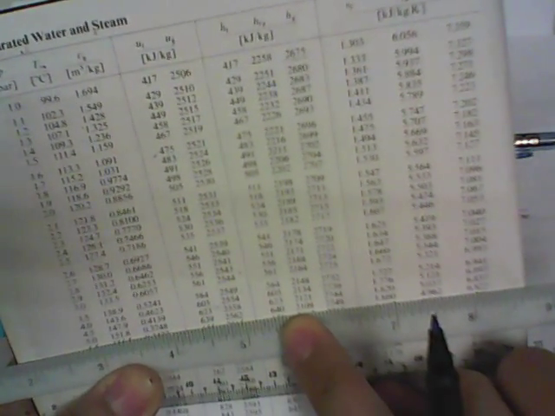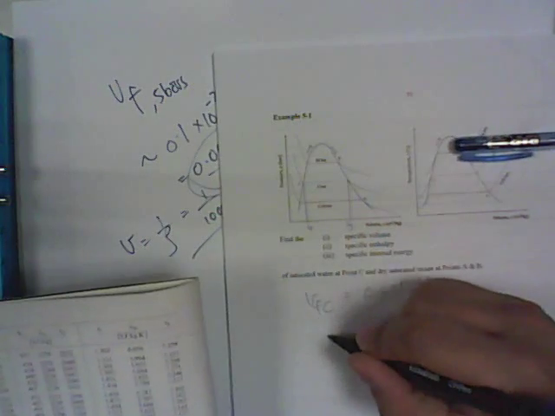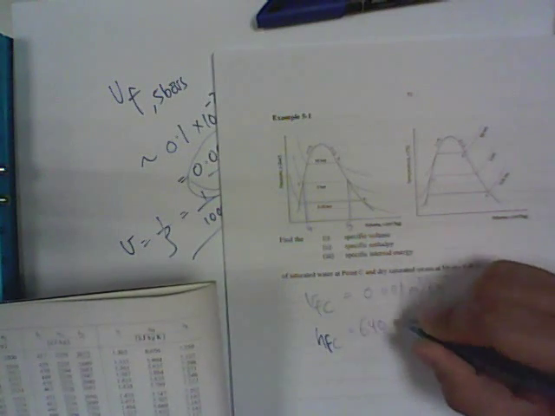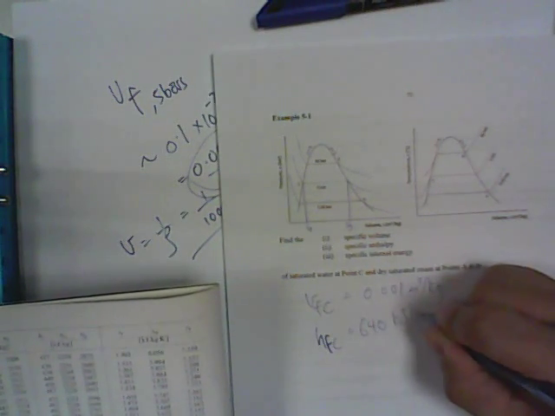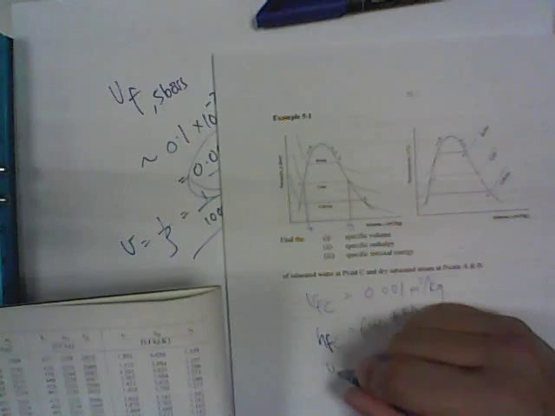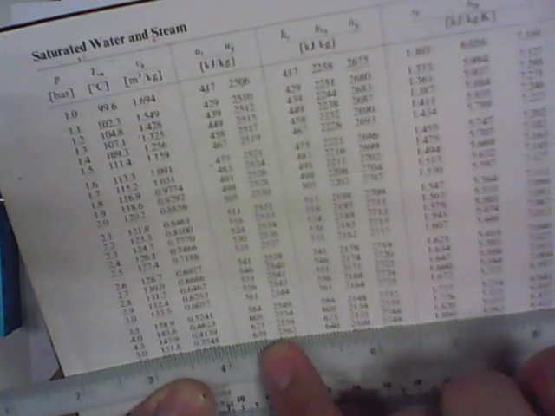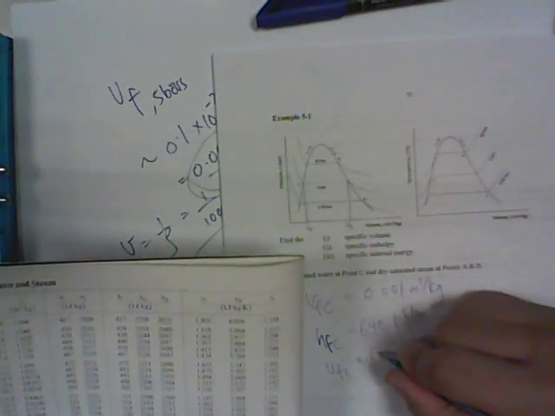The answer is 640, so HF at C is 640 kilojoules per kilogram. And then UF at C is here, the fourth column, 639 kilojoules per kilogram. So this is point C.